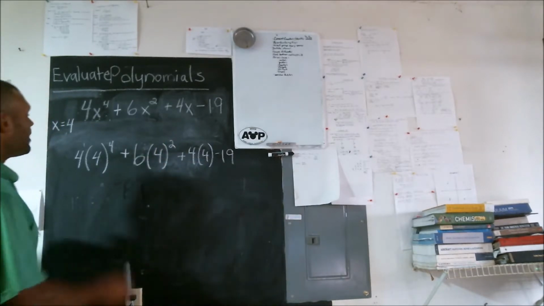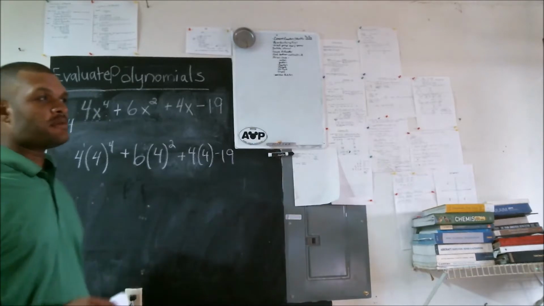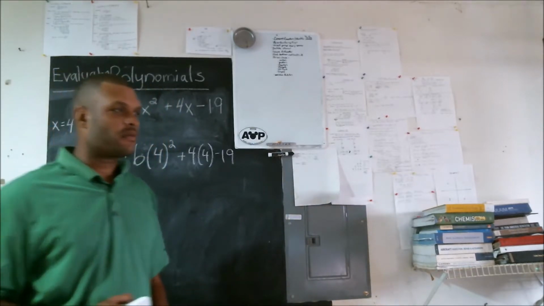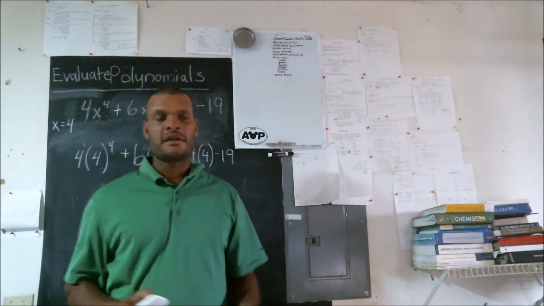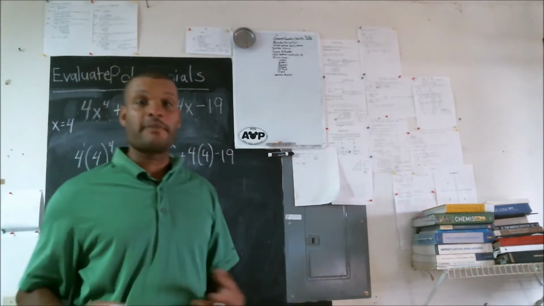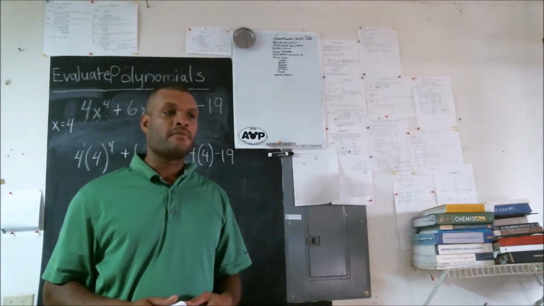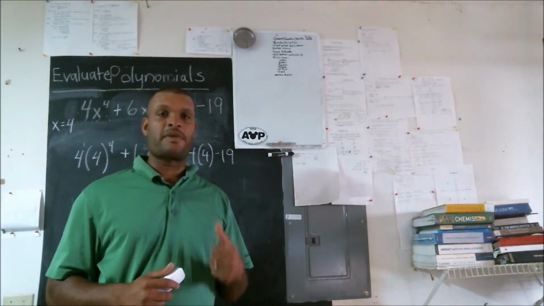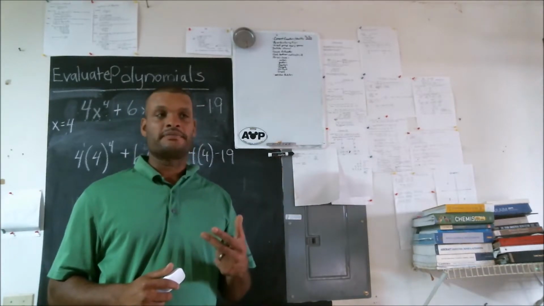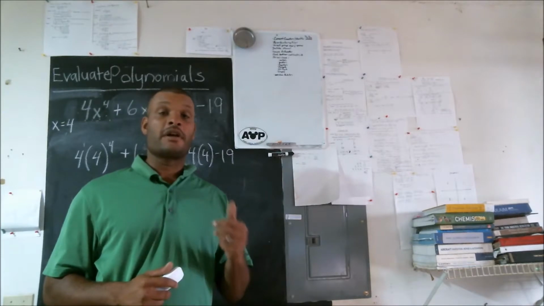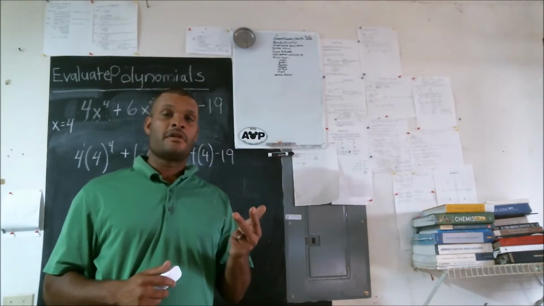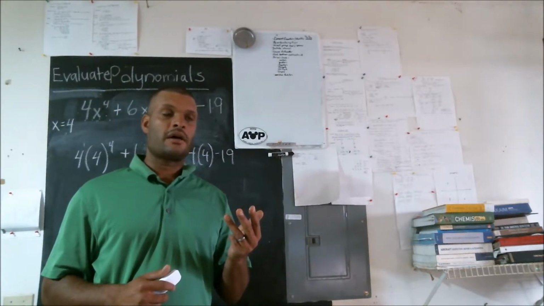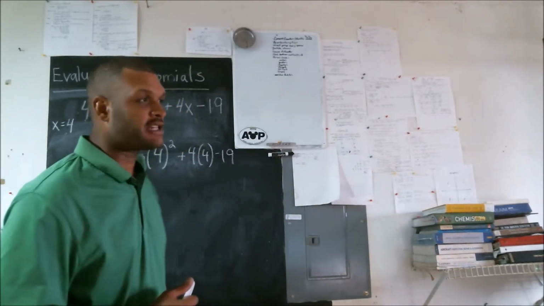Now we're going to follow GERMDAS. Some people know it as PEMDAS, where they say parentheses. But in algebra, or intermediate algebra, you want to use GERMDAS as your guide for which functions you should use first: grouping, exponents, roots, like square roots, multiplication, division, addition, and subtraction, in that order.